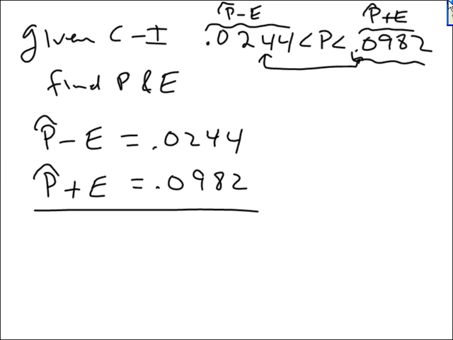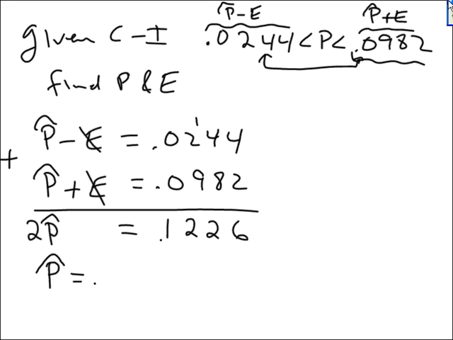Well, for example, if we add these, negative E plus positive E cancels, but the P hat plus P hat is 2 P hats. You add the right side, you get 0.1226. You divide by 2, you'll get the same answer I got before. That's P hat.